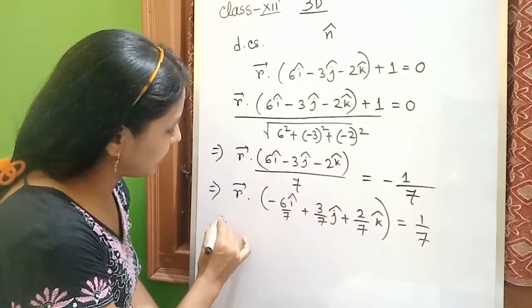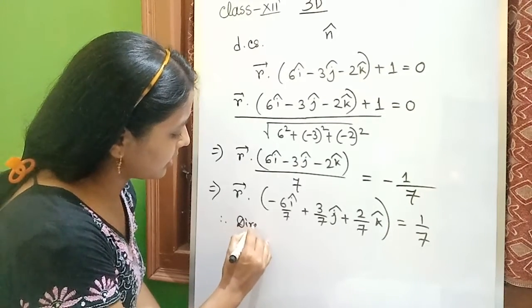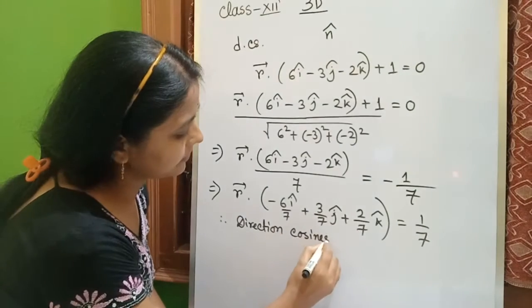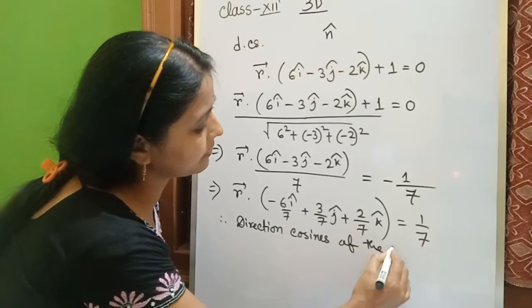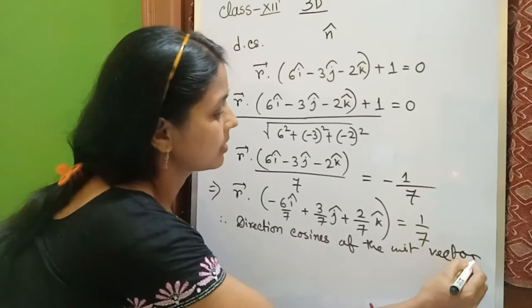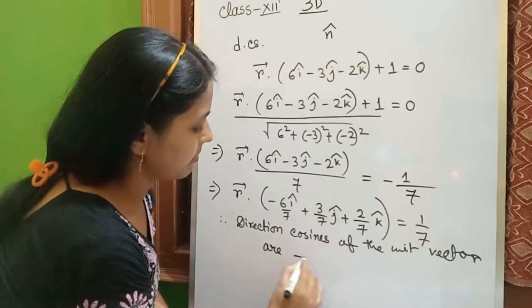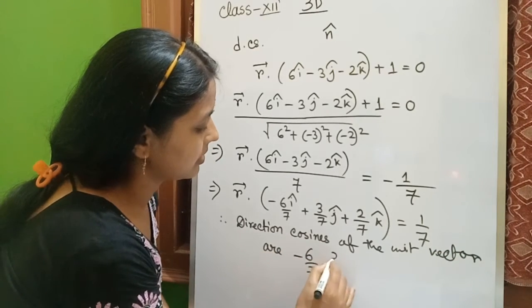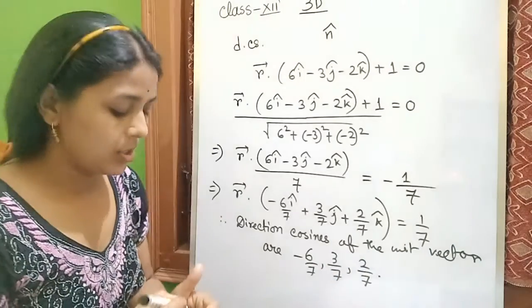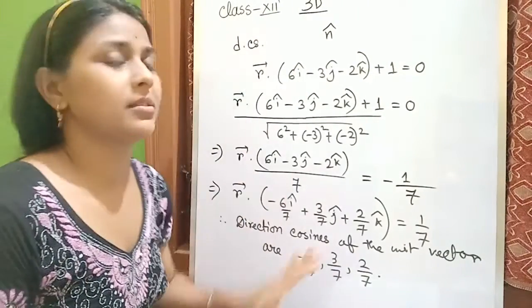So we will write down: therefore direction cosines of the unit vector are minus 6 by 7, 3 by 7 and 2 by 7. So these are the answers.